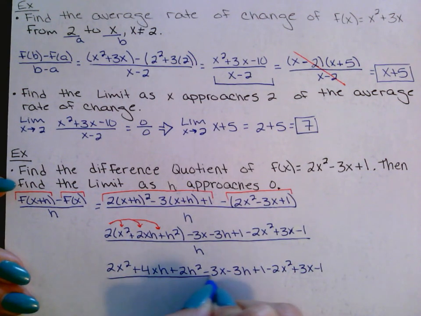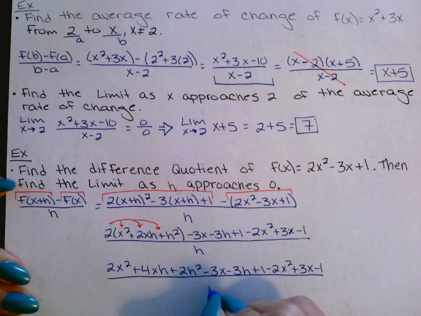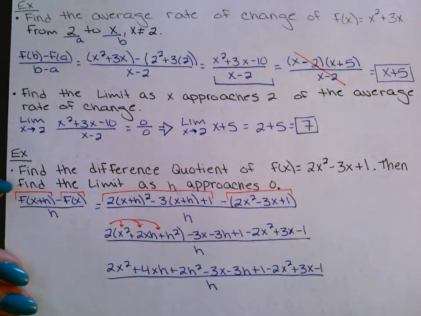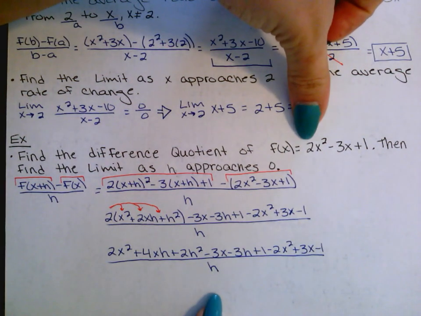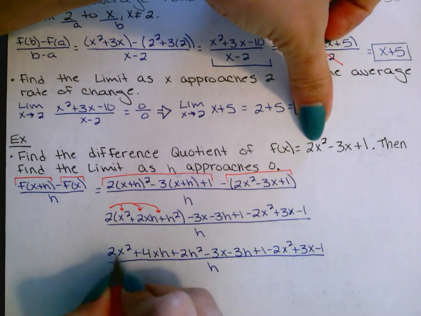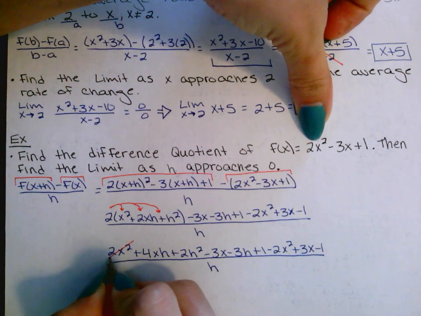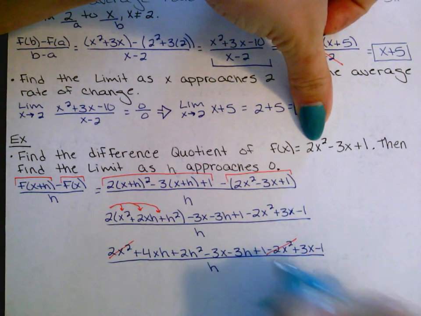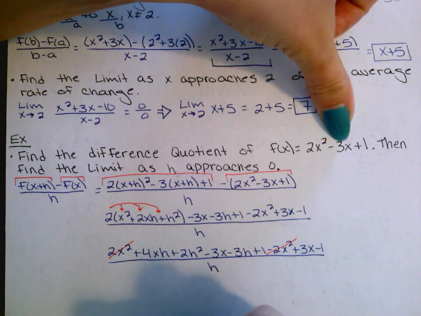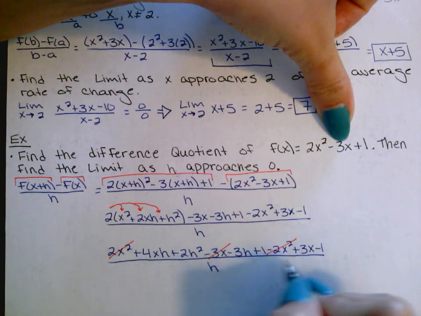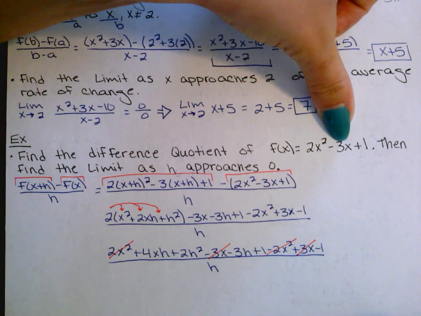Now this next part should clean out really nice, and a good rule of thumb is to remember that the original function will always clean out. So for example, if my original function had a 2x squared, there should be a positive 2x squared and a negative 2x squared to cancel out. If there's a negative 3x in the original, there should be a negative 3x and a positive 3x to clean out.